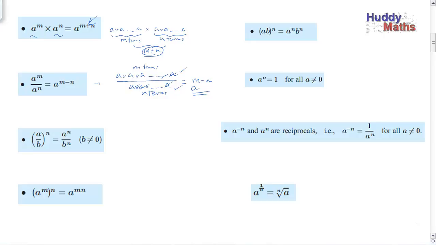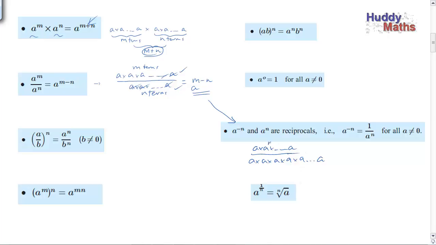What about, we'll come and look at this one now, after that rule, because here, a to the neg n, how would you get that? Well, let's take a to the m over a to the n, and this time, let's make there be more a's in the bottom line.